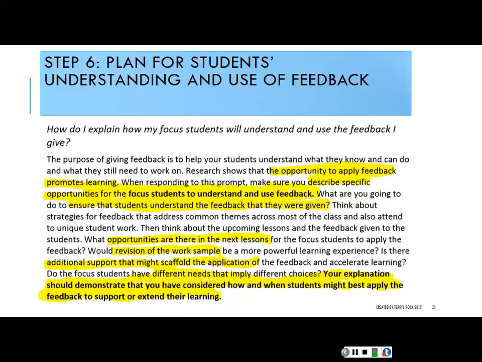That comes in the last part of the task on the teacher. It's actually a different part.